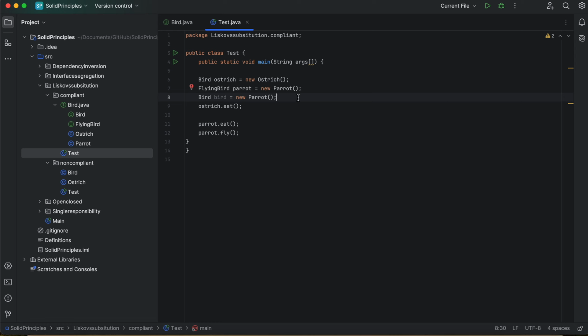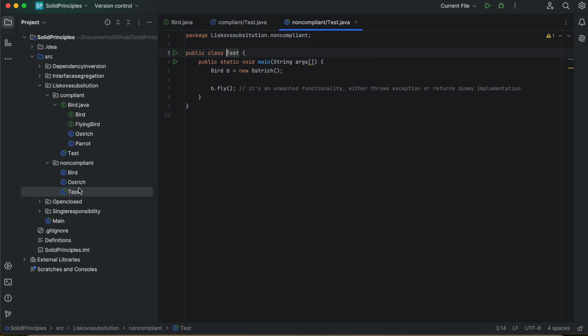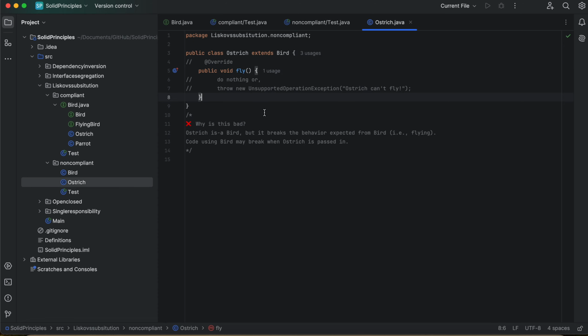This is how it helps in running into scenarios like the Ostrich one. Here there is a statement: why is this bad? Ostrich is a Bird, but it breaks the behavior expected from the Bird, which is flying. So code using Bird may break when Ostrich is passed, right? As we already discussed.